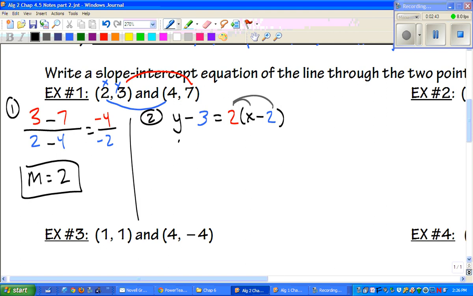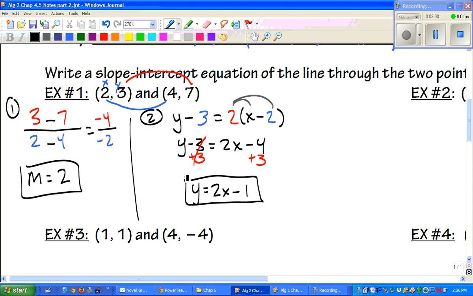We have to distribute. The left side stays the same. And then to get the y by itself, we add 3 to both sides. And our final equation is y equals 2x minus 1. Okay. That's not too bad, was it?